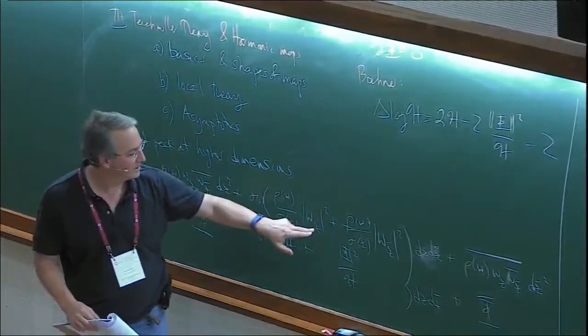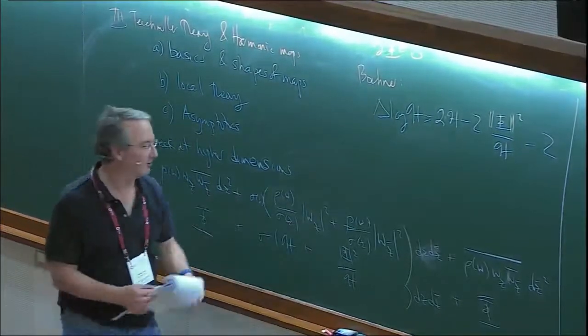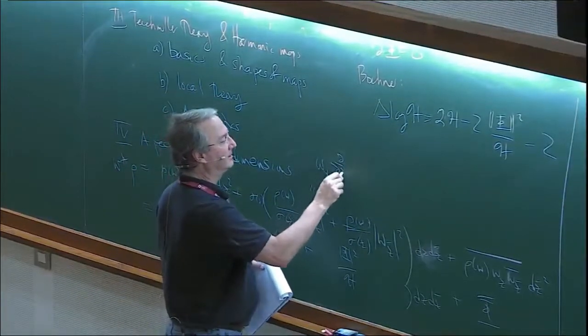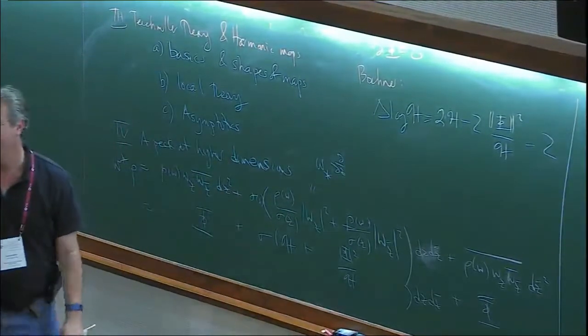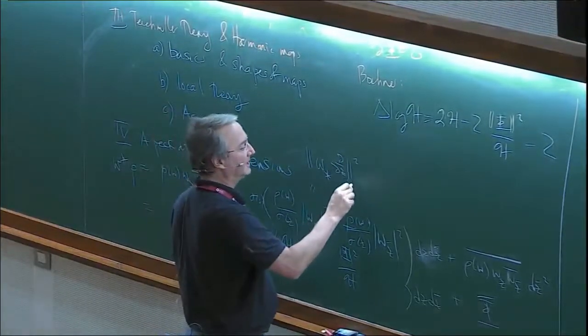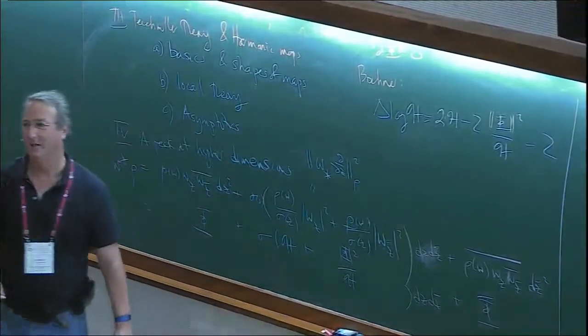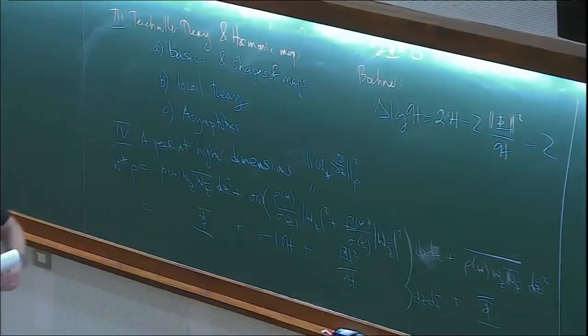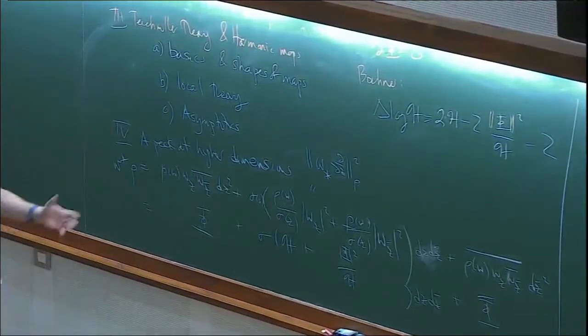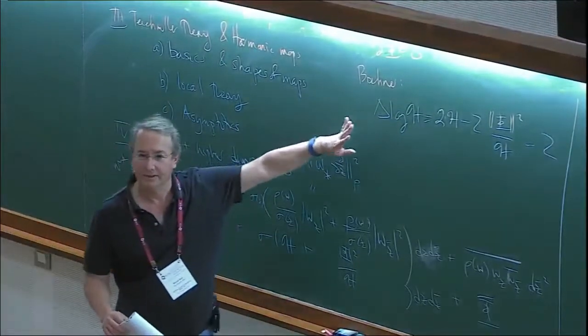You see that it is pushing forward. Another way of saying this is I push forward the complexified tangent vector d by dz, and that push forward vector, I take the length squared of it in the target, and that's h. Okay. And they were related by this Bochner equation.